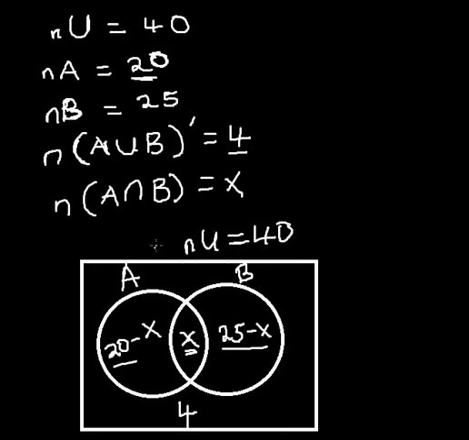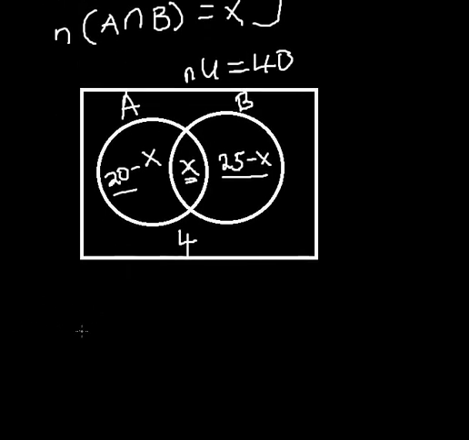If I add all these subsets, it will yield the universal set, and that way I'll be able to find X. So 20 minus X, that is A only, plus X, A and B, plus 25 minus X, which is B only, then plus 4, not A, not B, but the complement.